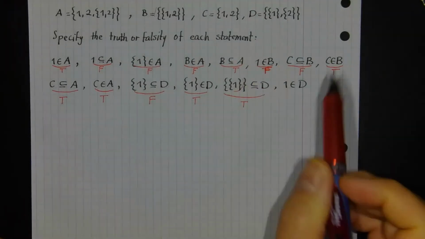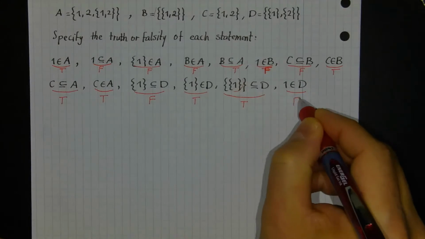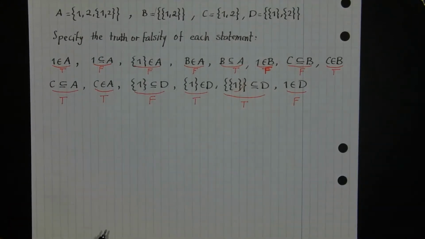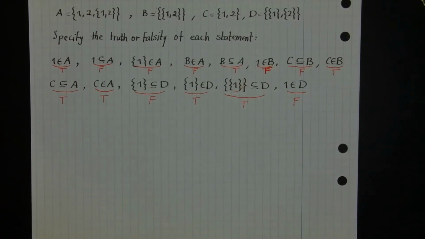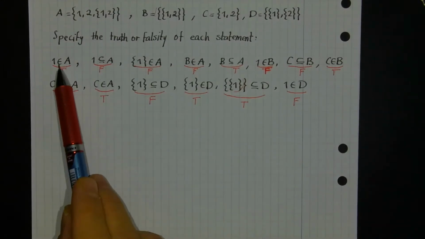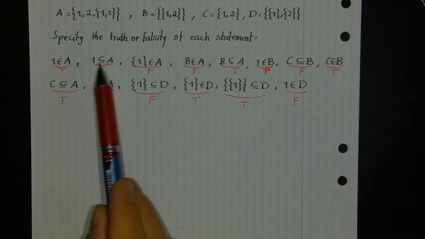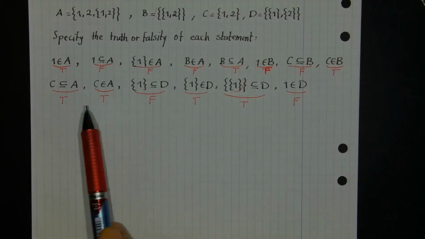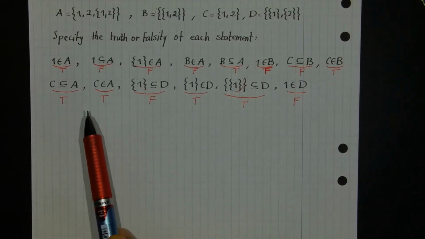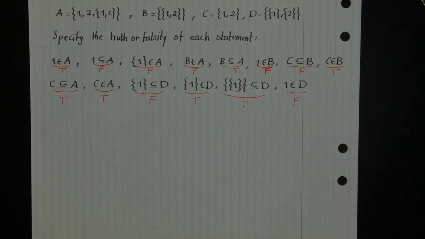The answer is clearly false. So this is a very simple example, but I think it's very illuminating, and it shows you the main difference, how you need to understand the difference between this symbol of belonging and this symbol of being a subset.